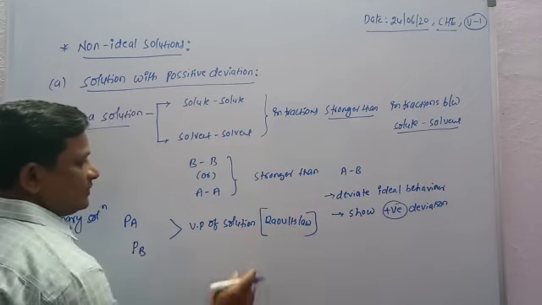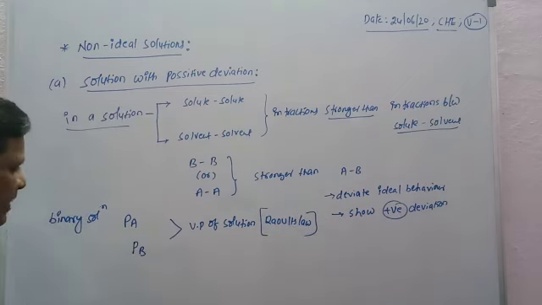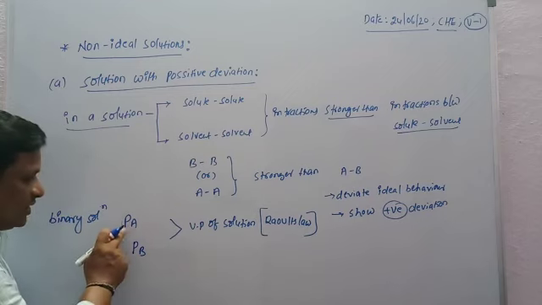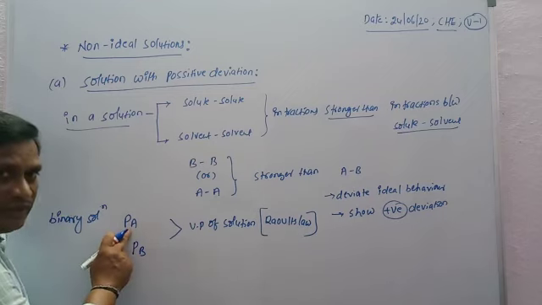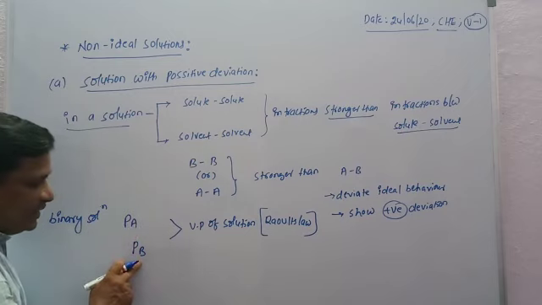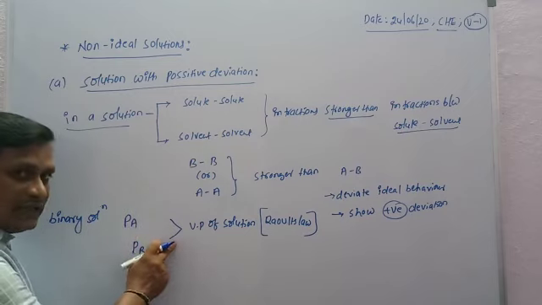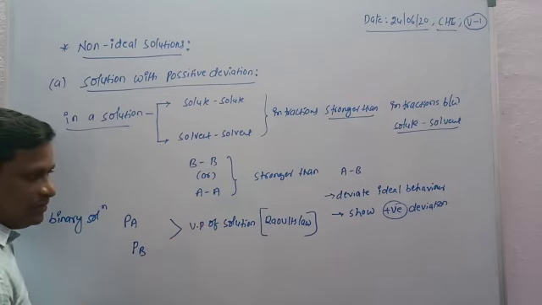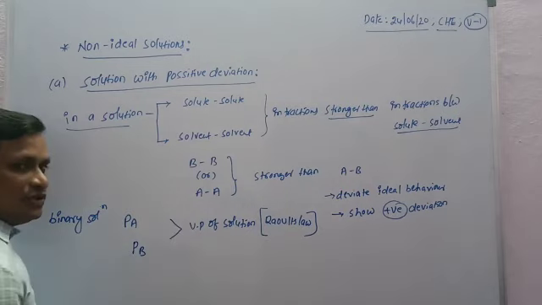So listen carefully. In a binary solution, the partial vapor pressure of the solvent PA and the partial vapor pressure of the solute PB is greater than the vapor pressure of the solution.